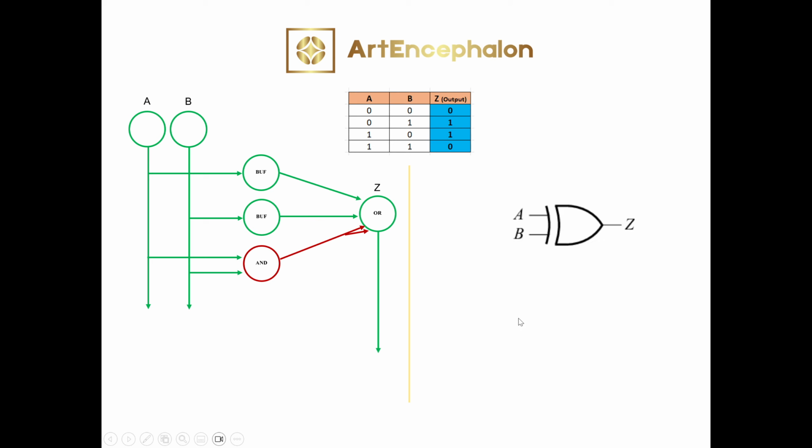Normally the logic circuit we just talked about has its own special gate called an exclusive OR gate, and it's shown like this. So I just rounded up the entire circuit into this small specialized circuit called an exclusive OR circuit.